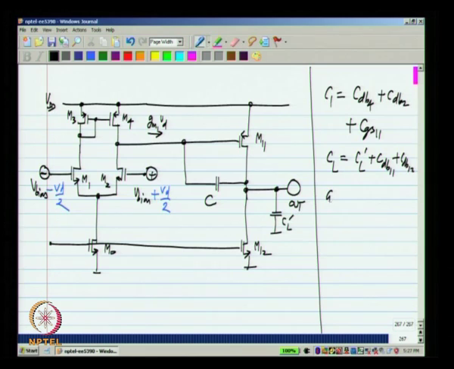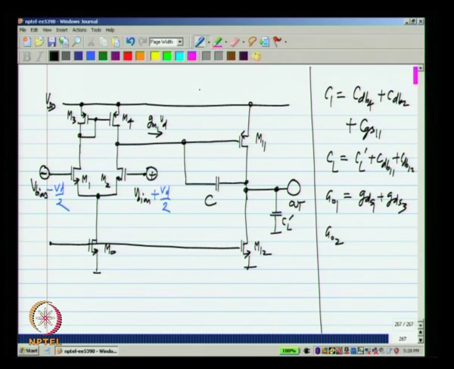Now, what is GO1? GO1 is the output conductance of the first stage, and that will be equal to GDS1 plus GDS3. This again we have evaluated, and GO2, that is the total conductance at the output of the second stage, will be GDS11, which is due to this transistor M11, and GDS12 due to the current source transistor M12.